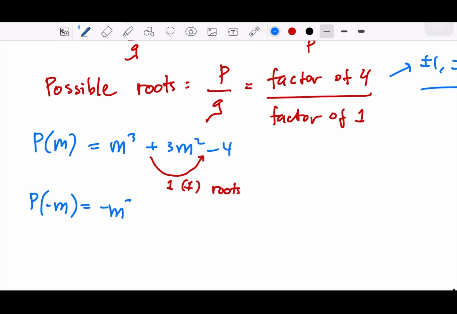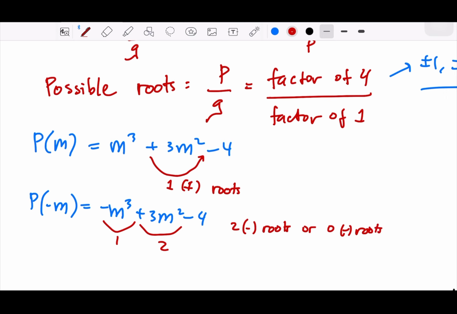So this will be negative. So we have 1, we have 2. So we have 2 negative roots or 0 negative roots.